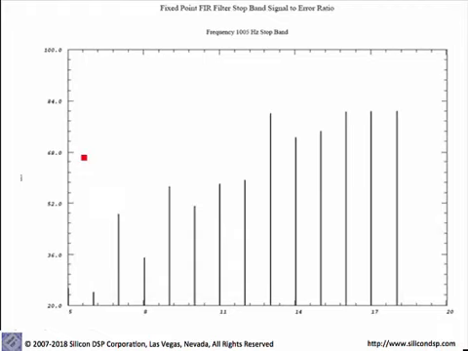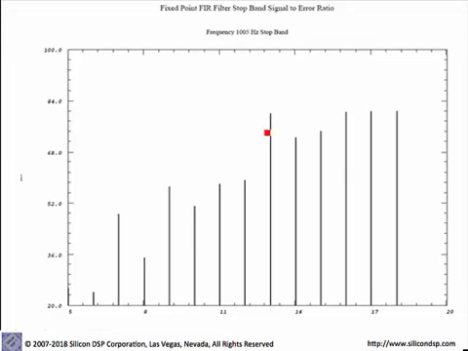As you can see, the higher the signal to error ratio, then the closer we are to the performance of an ideal filter. And as we increase the number of bits from 5 bits to 6 bits to 7 bits and 8 bits, 9 bits and so forth, we get a gradual improvement in the performance of the filter. And beyond a certain number of bits, there is marginal improvement.